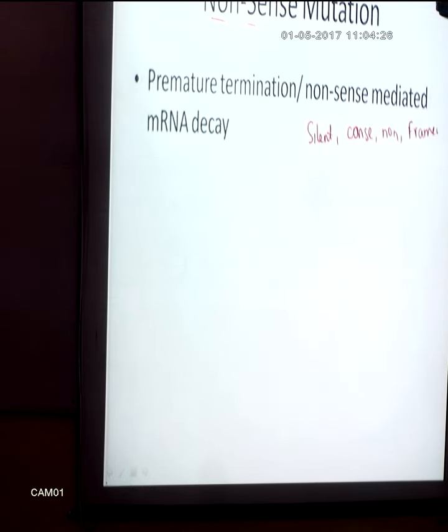What is a nonsense mutation? Nonsense mutation is when, as a result of a mutation, a stop codon comes. What is a stop codon? UAG, UGA, UAA.